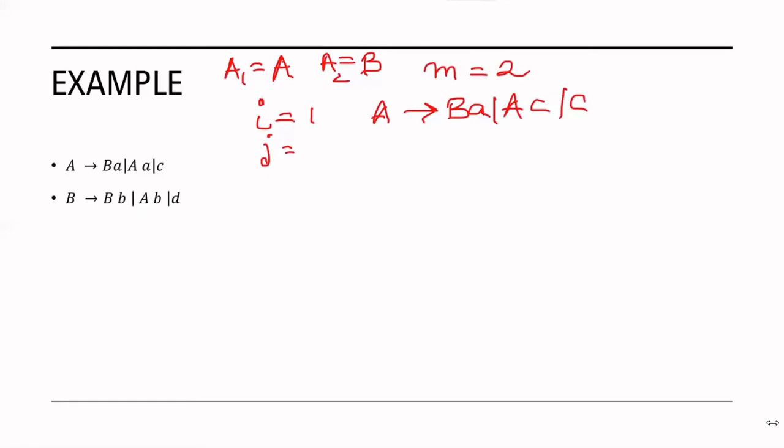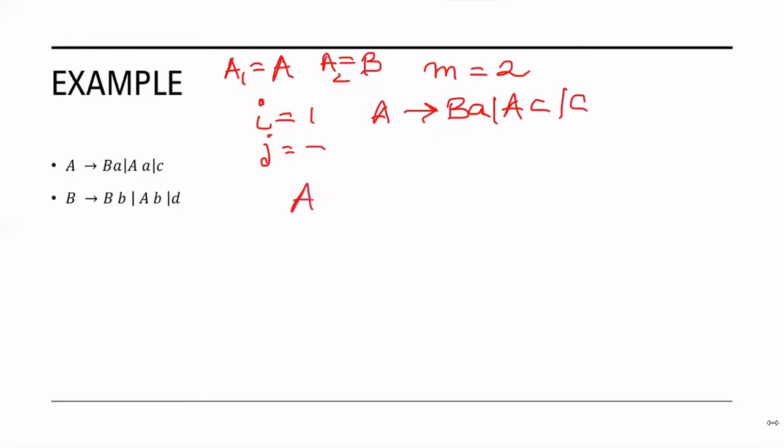So the inner loop doesn't execute here because I is equal to 1. So the only thing that we are going to do is remove the immediate left recursion of the non-terminal A. We'll do it like this.